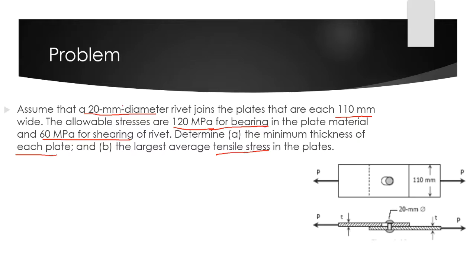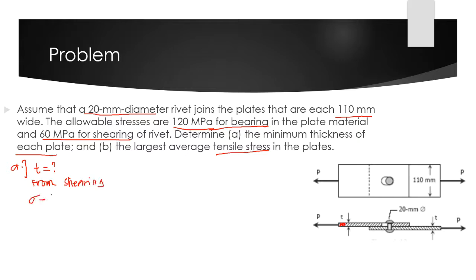Okay, so we'll be solving for letter A. We'll be solving for the thickness of the plate. So this one, how thick is this one? So from shearing, we have different stresses. We have stress of shearing and stress on bearing. So we'll be solving for the shearing.